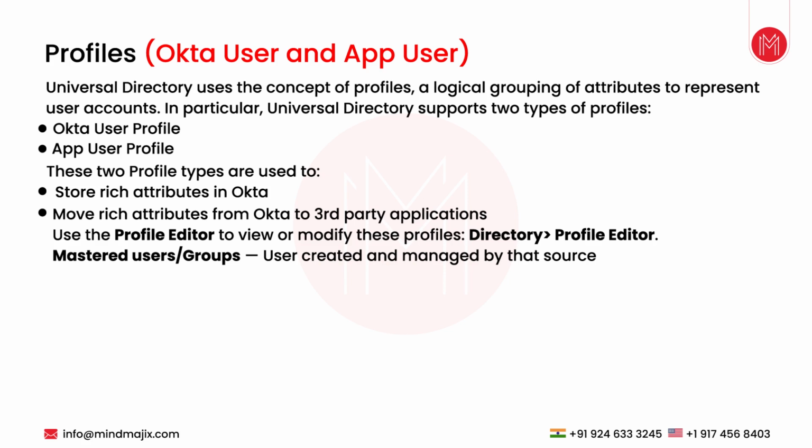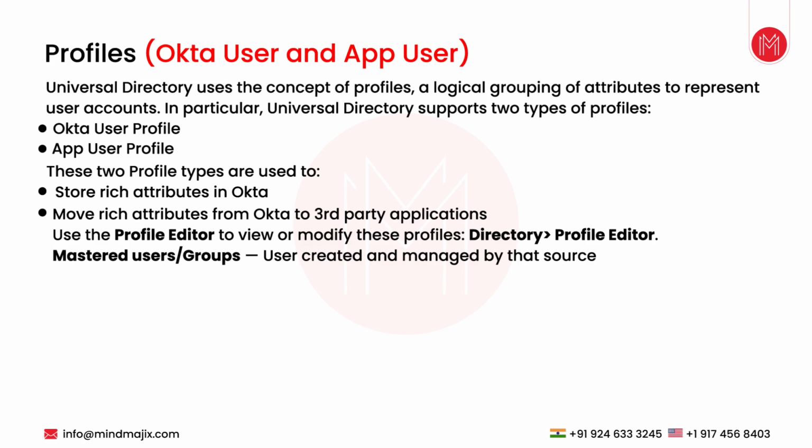So the Universal Directory uses the concept of profiles. It's a logical grouping of attributes to represent user accounts. In particular, Universal Directory supports two types of profile: the Okta user profile and the app user profile, which we just discussed. These two profile types are used to store rich attributes in Okta.